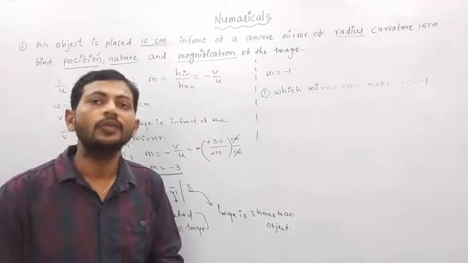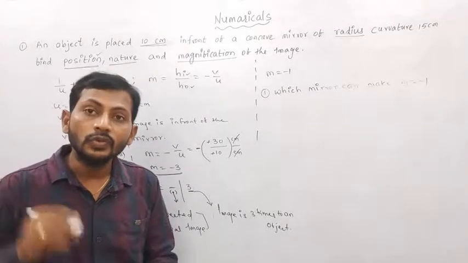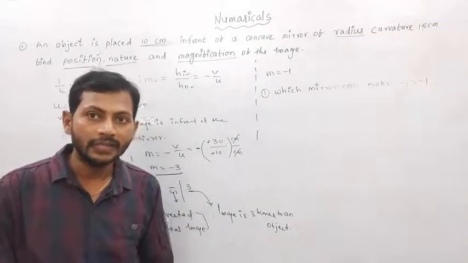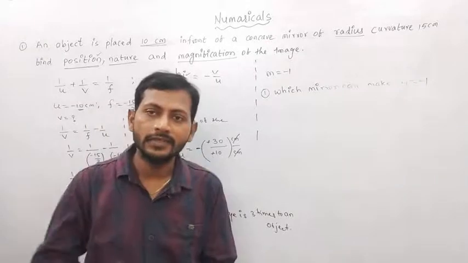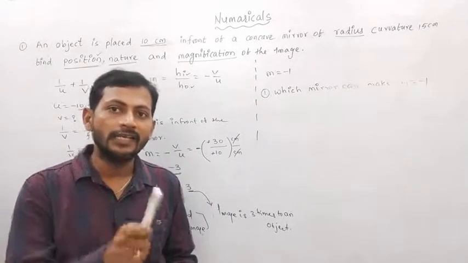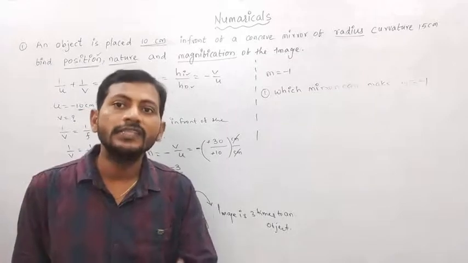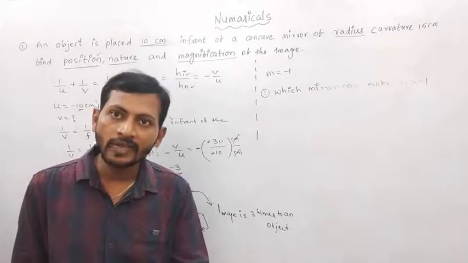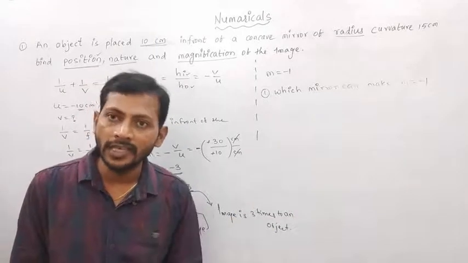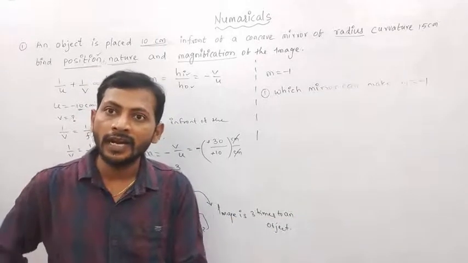Now you are unable to, because you have to imagine much more about magnification. So please go to the ray diagrams of the concave mirror. When the object is at the center of curvature, where is the image? The image is also at the center of curvature. The size of the object and the size of the image are both the same. The image is inverted and real.